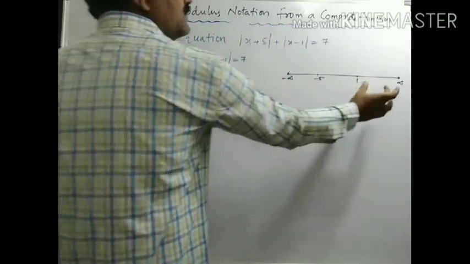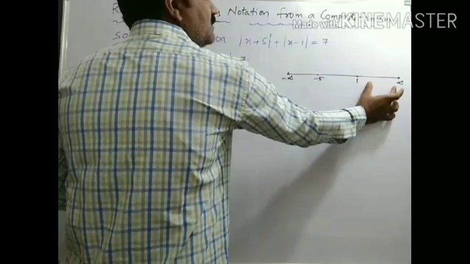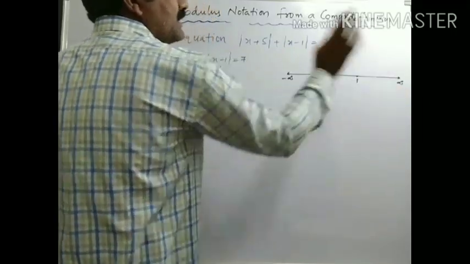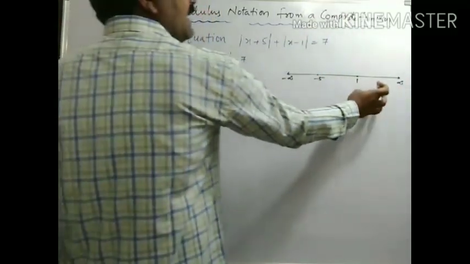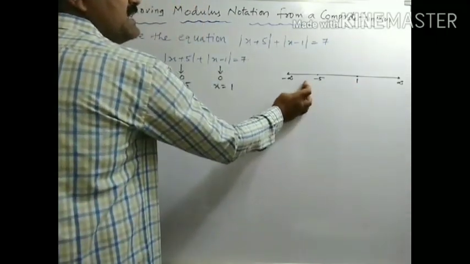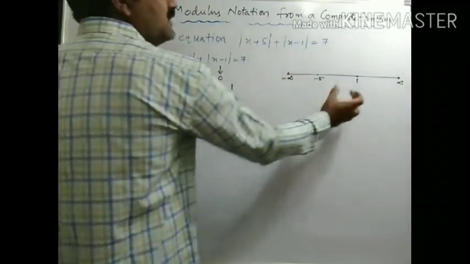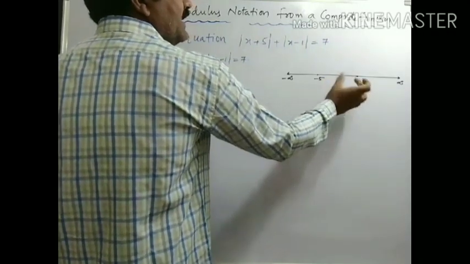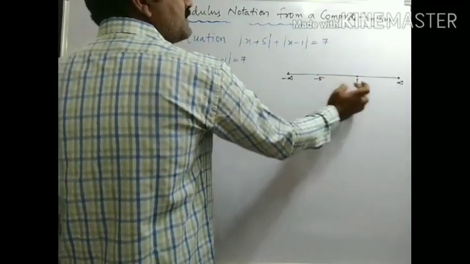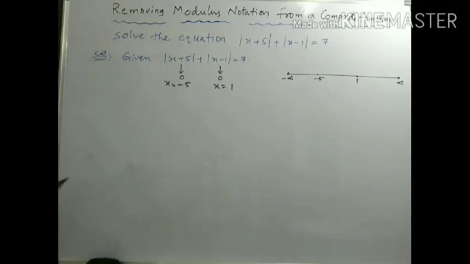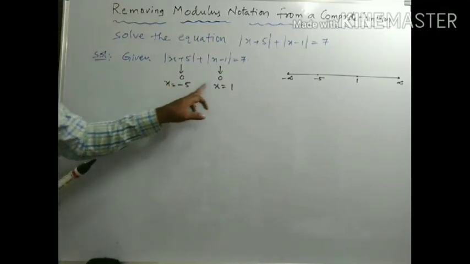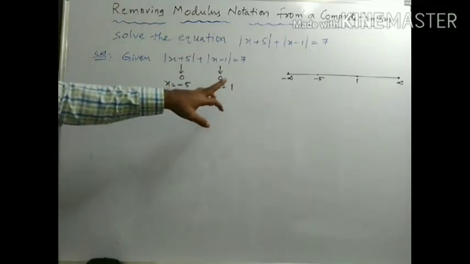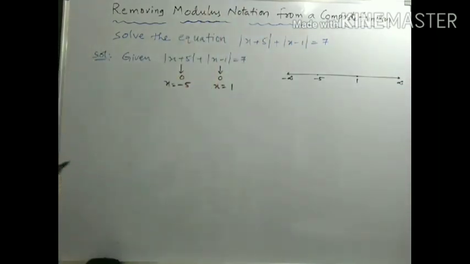Case 2: the set of all values of x which are more than 1, I mean when x is greater than 1. And the third one is the middle interval, that is when x lies between minus 5 and 1. Since we have 2 values of x, with the help of these values the number line can be divided into 3 parts. Hence the entire problem can be solved in 3 cases, right?